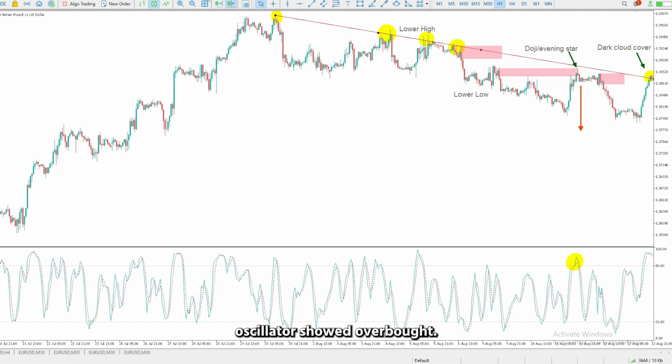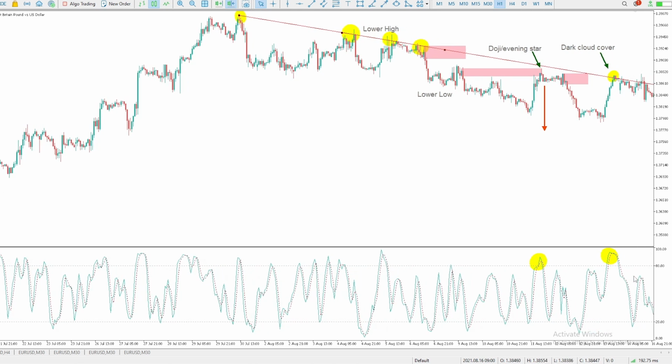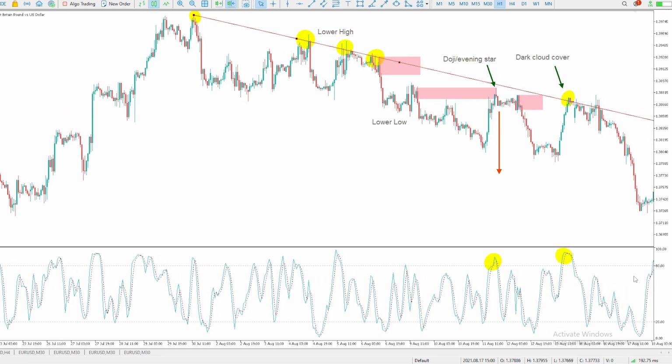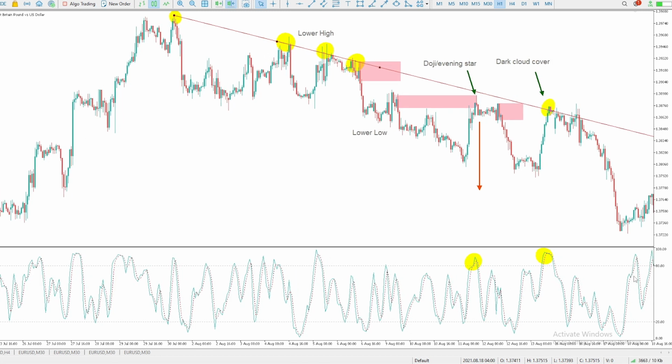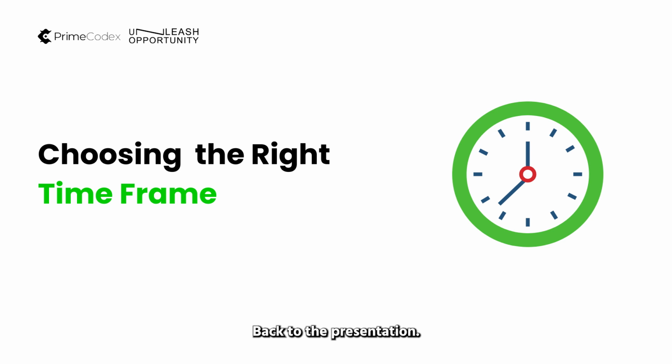The oscillator shows the stochastic oscillator is above 70 or 80. Then we're expecting the price to fall down. Back to the presentation.